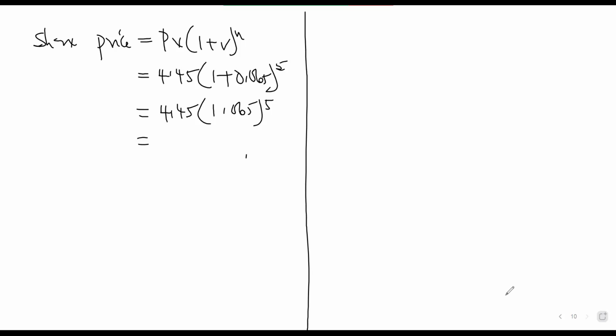Okay, so the share price in 5 years' time will be 6.1. And how many shares are we going to be receiving? So in 5 years' time, if we want to receive the 20 shares, the 20 shares will be valued at the market price of 6.1.